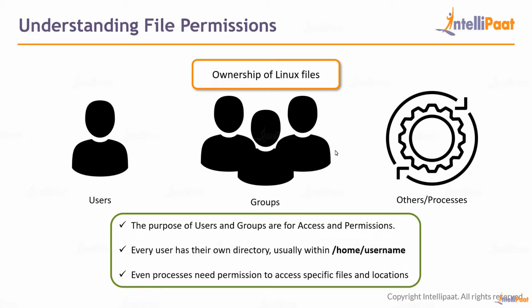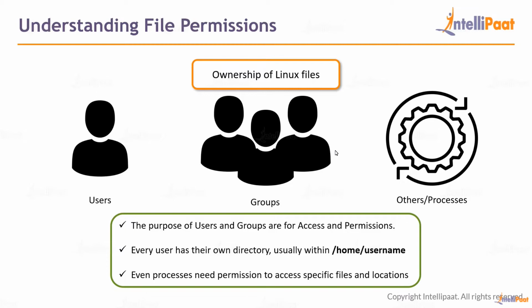So first, ownership of a Linux file. When you create a file in a Linux system, you have three types of owners. One is the user, which right now in my Linux system is IntelliPad. Then there are groups, where you can create a group, add some users, and give that group some permissions, so all those users will have only those permissions.